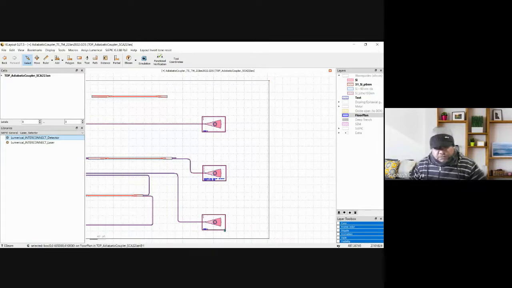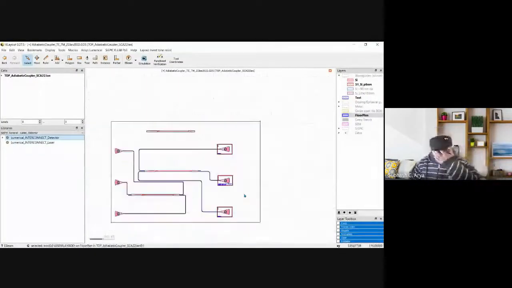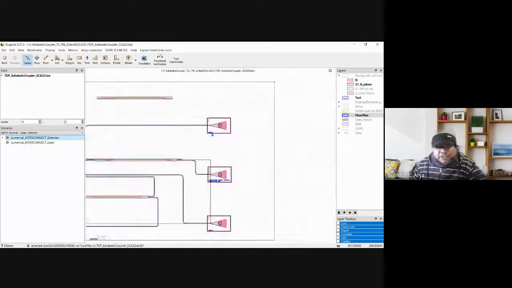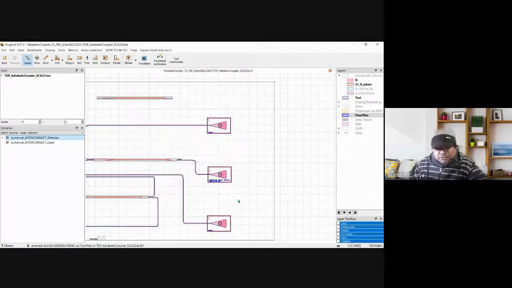So this Q, I have to give it a 2. So with this I am now going to simulate TM mode light. Simulate, okay.